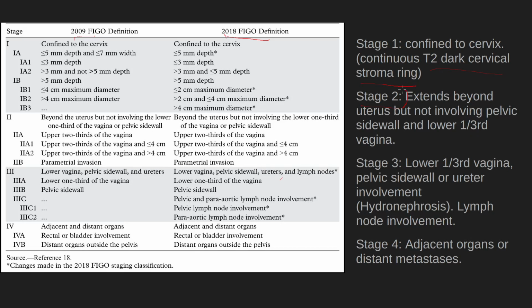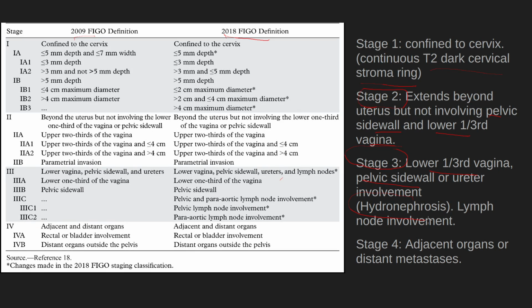Stage 2 is when the tumor extends beyond the uterus but has not involved the pelvic side wall or lower 1/3 of the vagina. Stage 3 tumor is when the tumor has extended beyond and has involved either the lower 1/3 of the vagina or pelvic side wall.